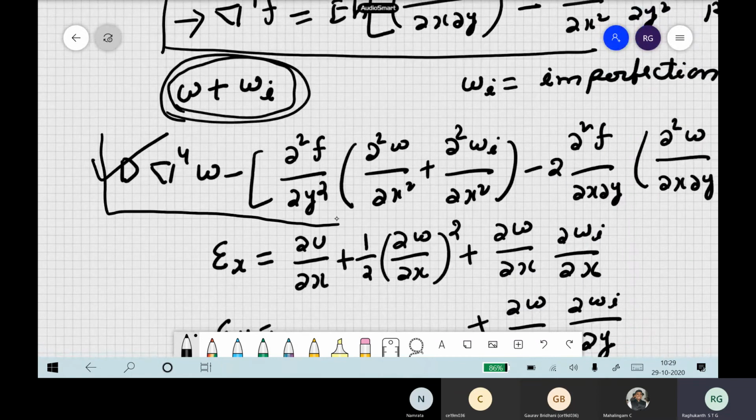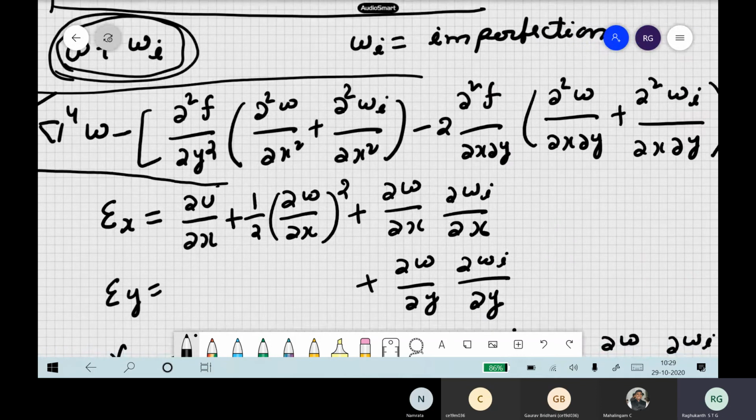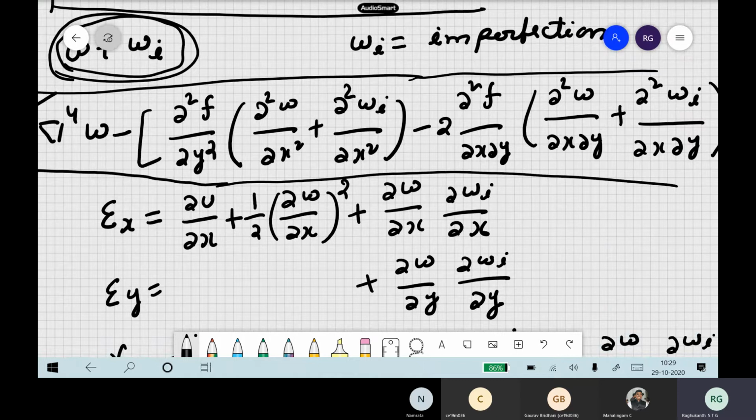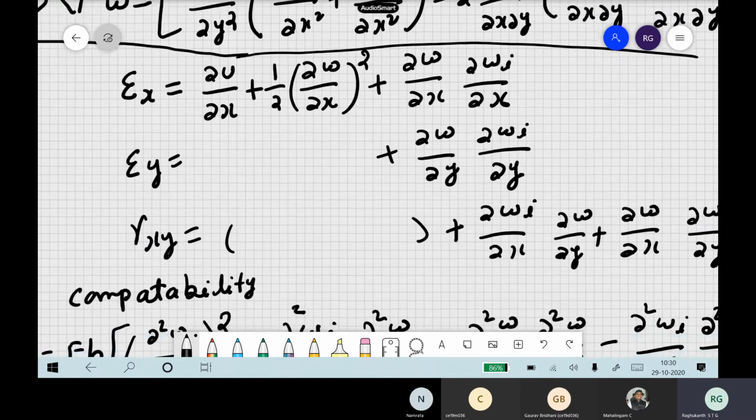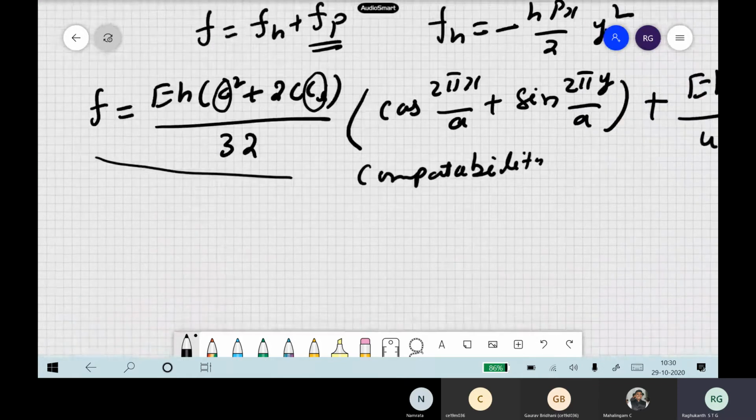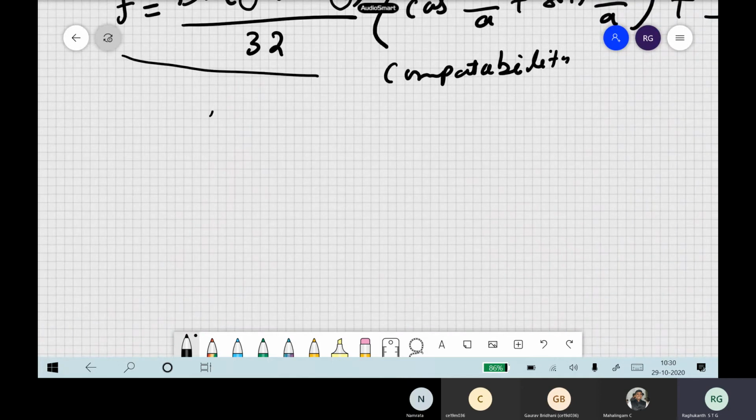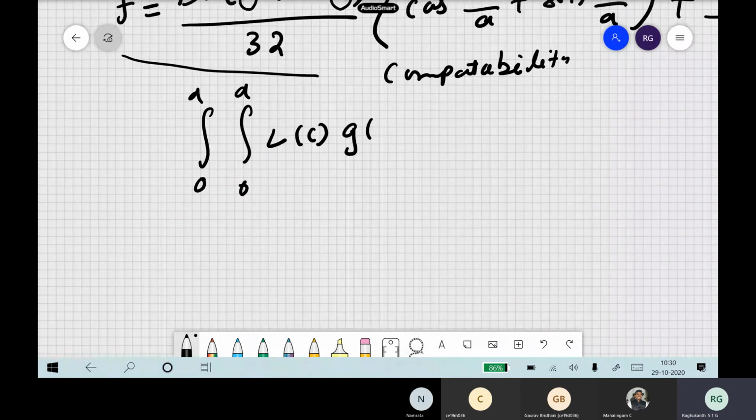You followed, right? So now what our Galerkin method says is, now you know f, you also know w. So you substitute in this equation. If you have assumed the correct f and correct w, then the error automatically will be 0. But since we have done some approximation, whatever error comes should be orthogonal to your basis functions.